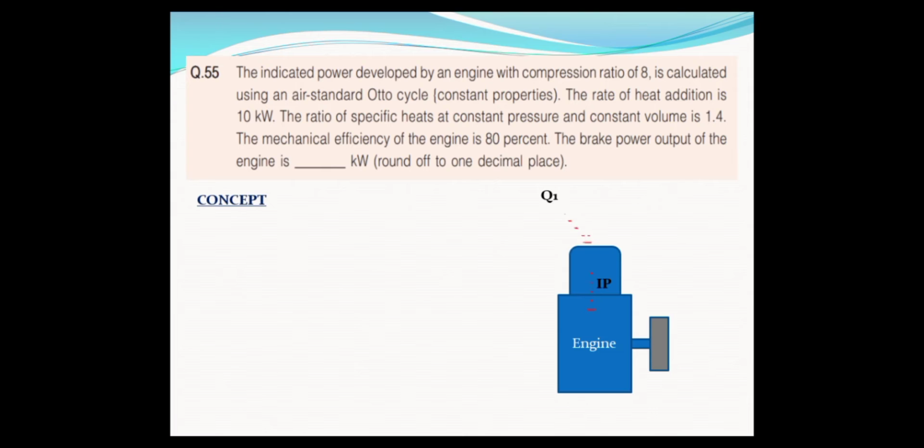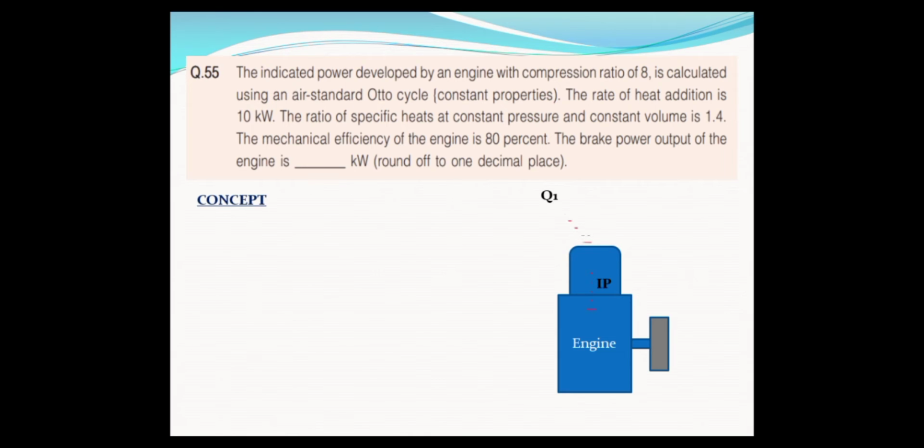It is developed by the burning of fuel. So this indicated power is actual power developed by the engine by absorbing heat Q1. So from this we can calculate the thermal efficiency or air standard efficiency. The air standard efficiency we can calculate from the Otto cycle.